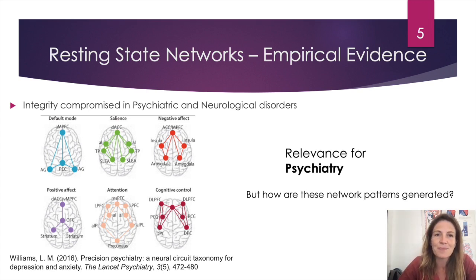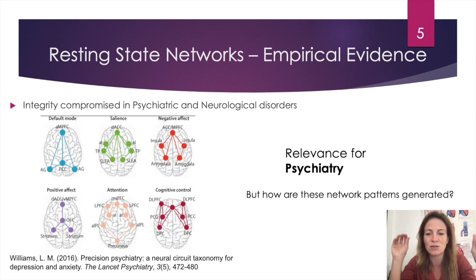There is this nice review from Leanne Williams from 2016 where she tries to put together the evidence from different studies, and overall she comes up with different subsystems. She characterizes these different networks, not just the default mode, which is the most well known, but also the salience network, and other networks related to negative affect, positive affect, attention, and cognitive control.